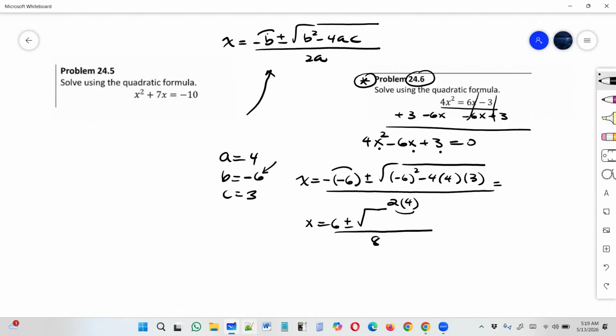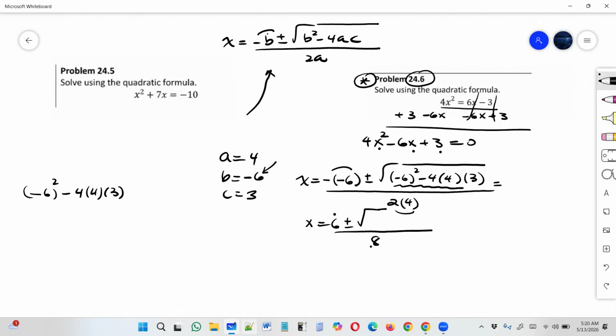And in my radical, I have to evaluate. Notice I don't simplify anything yet. I have to evaluate the radical separately. So here I'm going to come to the side and I'm going to do this. -6 squared minus 4 times 4 times 3. And let's see what we have.